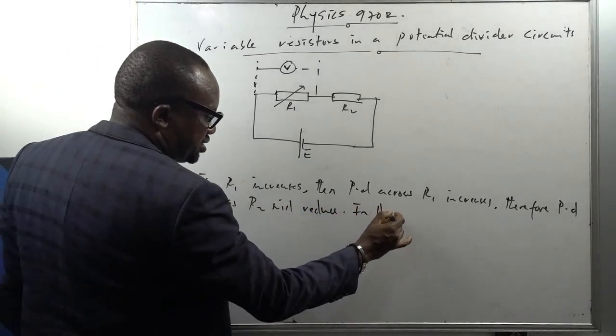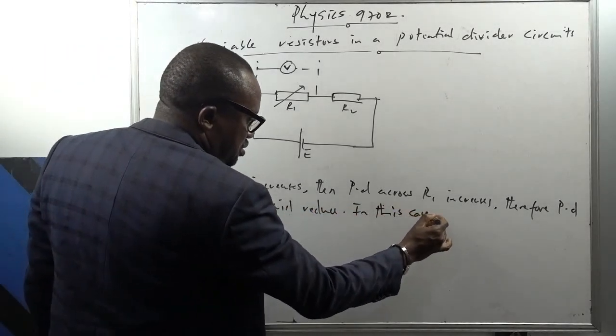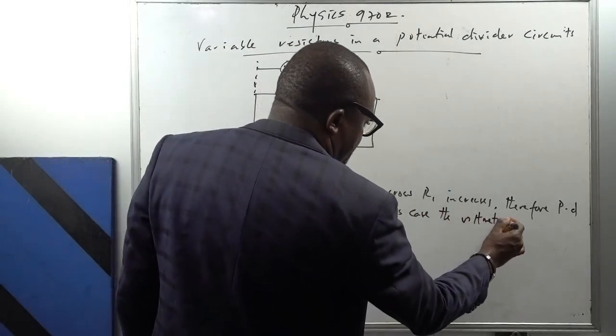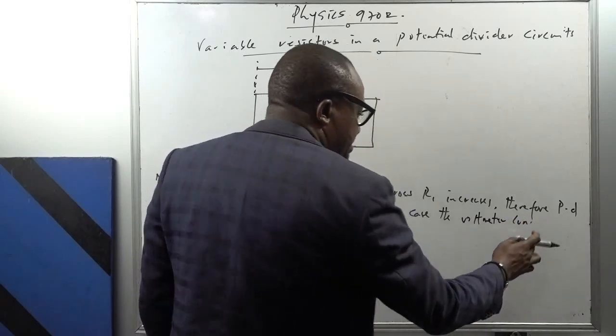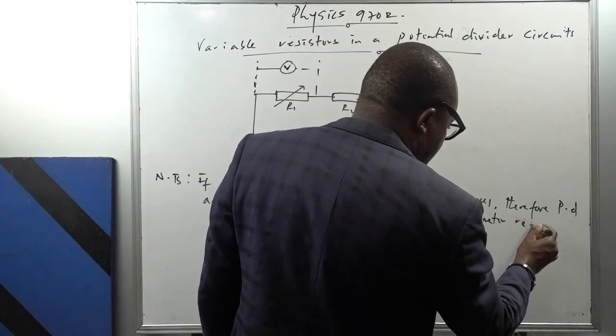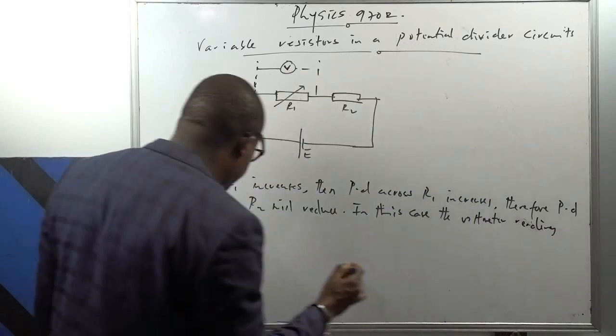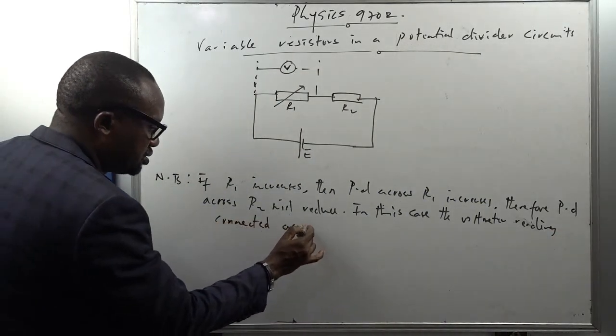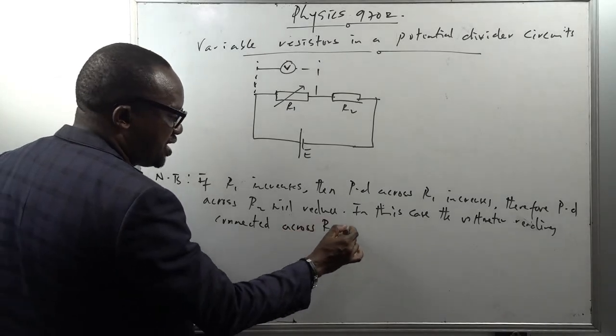In this case, the voltmeter reading connected across R1 increases.